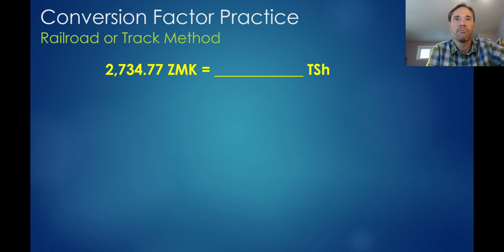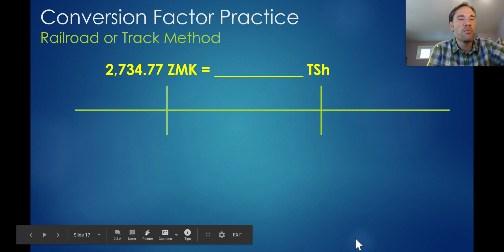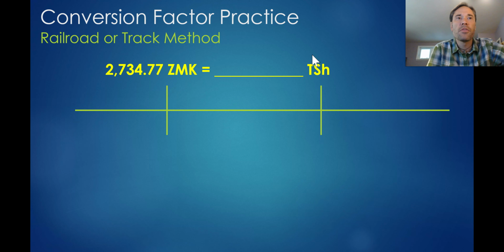So here we go. If I've got the 2,734.77 kwacha and I want to go over here to shillings, I'm going to make my railroad tracks, which you maybe already have on your paper, and you can start filling things in. I'm going to put the thing that I already know here, and the thing that I want over here. So it's going to look like this: 2,734.77 kwacha, and shillings on the other side.